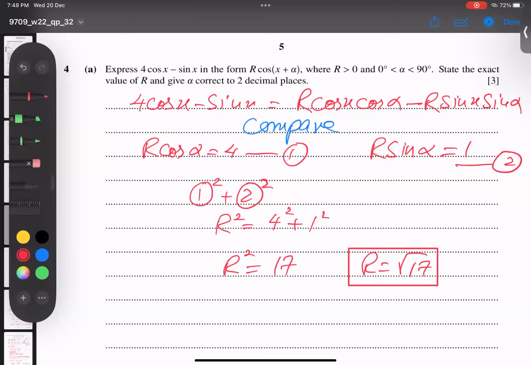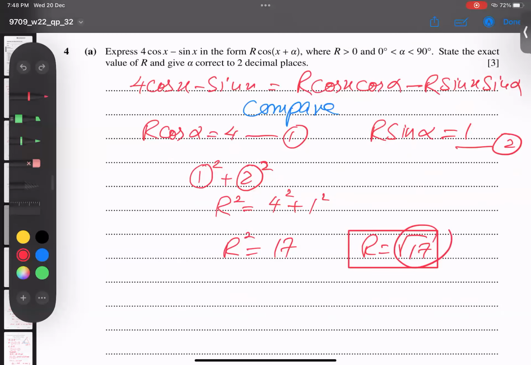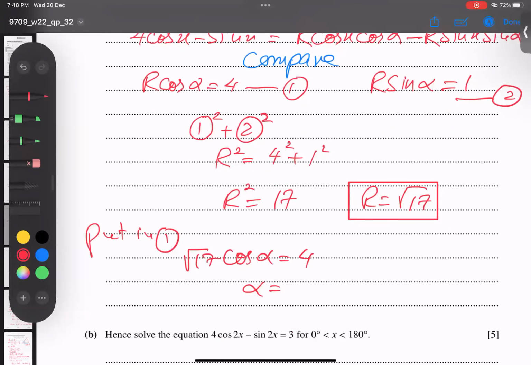Now I'm looking for the alpha value to 2 dp. Give the exact value of r, so don't write it in decimal. Some students try to write decimal. No. And this value I plug in here. So when I put in 1, root 17 times cos alpha equals 4, and alpha is equal to cos inverse of 4 over root 17.